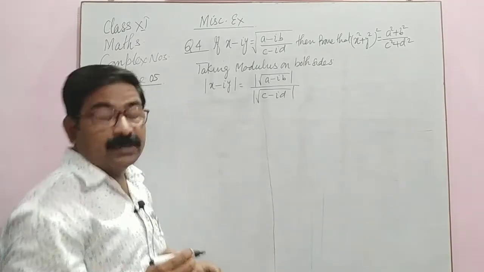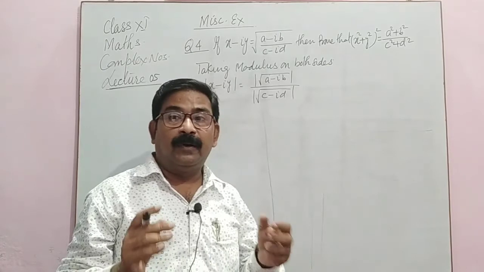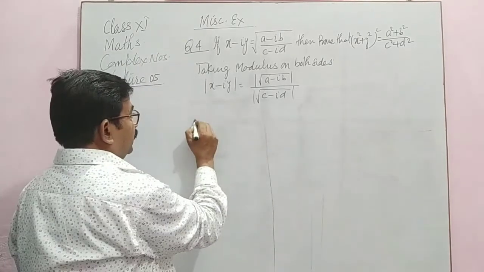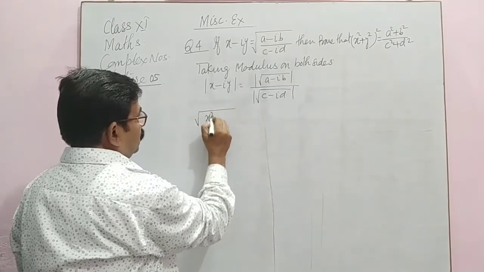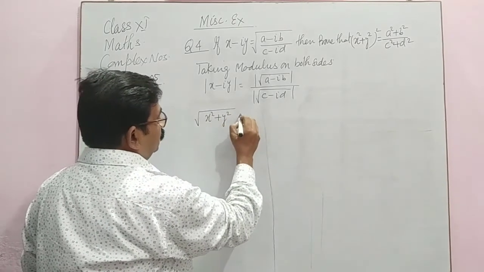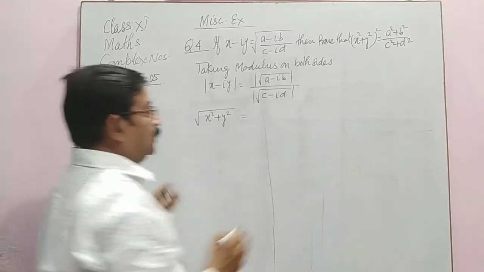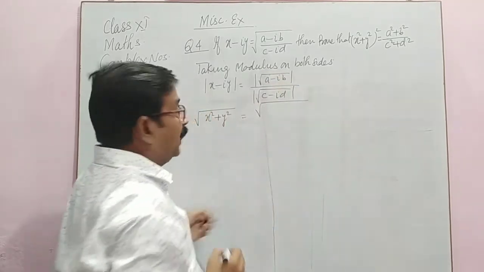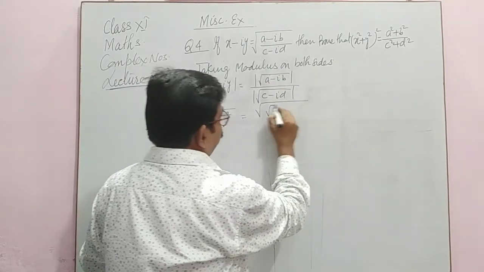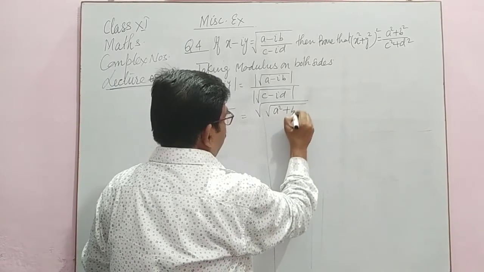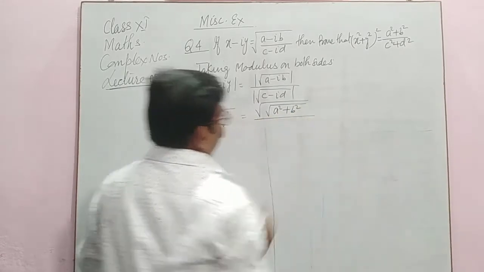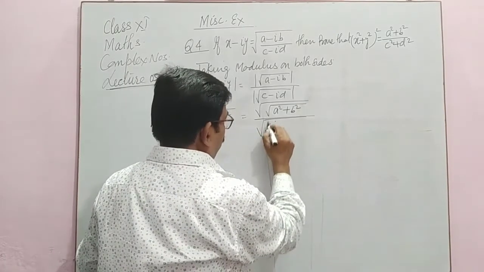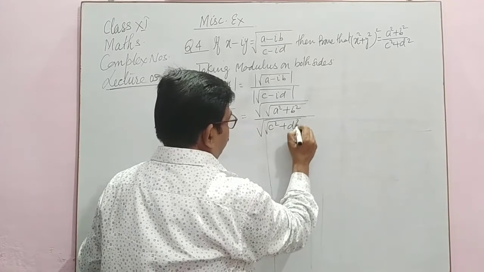You know what the modulus is? Modulus is the square root of the sum of squares of the real part and imaginary part. So we can write under root x square plus y square is equal to, on this side, under root of under root a square plus b square upon under root c square plus d square.